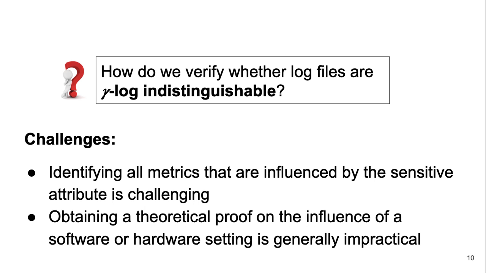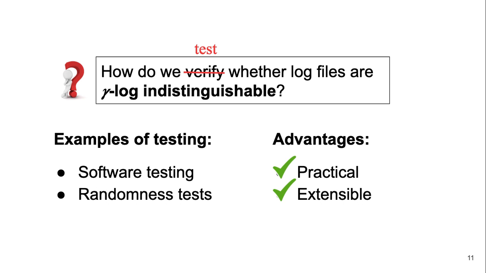So, how do we verify whether log files are gamma log indistinguishable? Actually, formally verifying gamma log indistinguishability can be extremely challenging. On the one hand, it is challenging to identify all the metrics influenced by the sensitive attribute. On the other hand, obtaining a theoretical proof on the influence of a software or hardware setting is generally impractical. However, the challenge in obtaining a theoretical guarantee doesn't mean the end of the world.